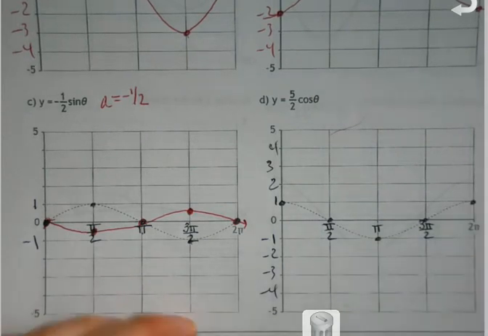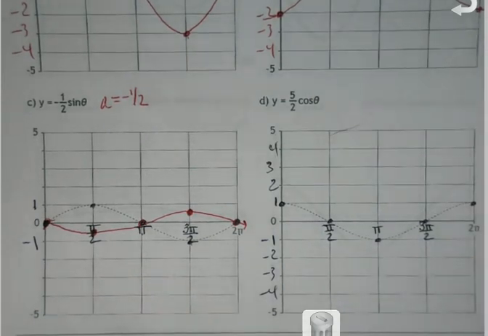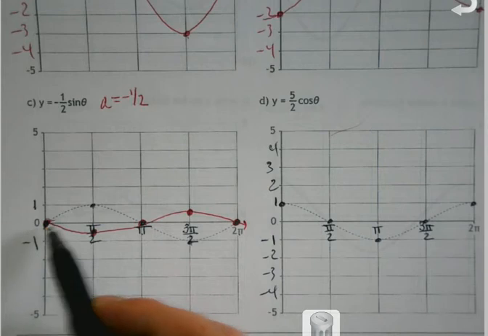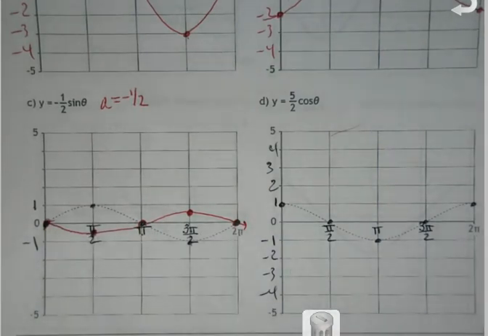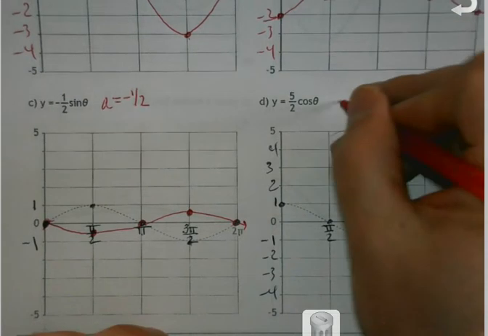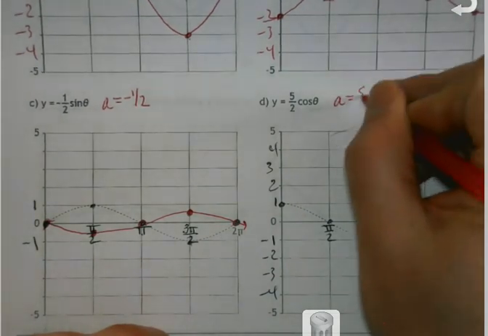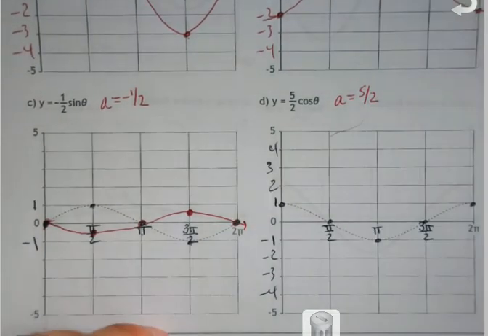Nice thing is you don't get surprises with the base graphs. Whenever it goes to 0, up, down, down, up, and here it goes down and just back up. And again, I look at my amplitude.